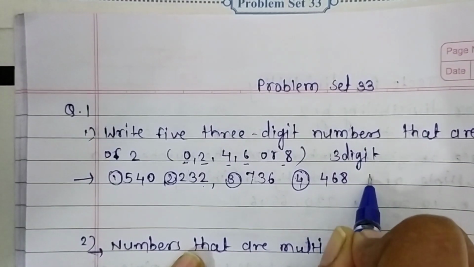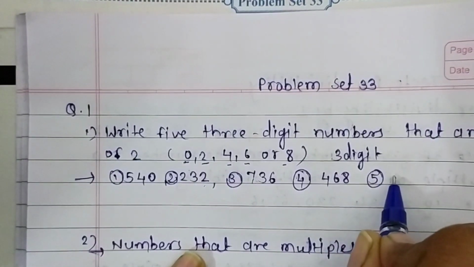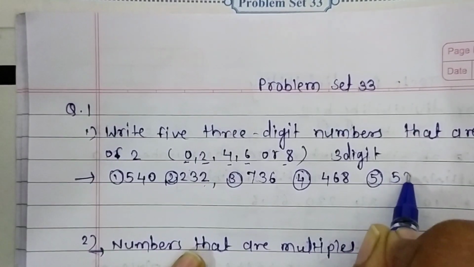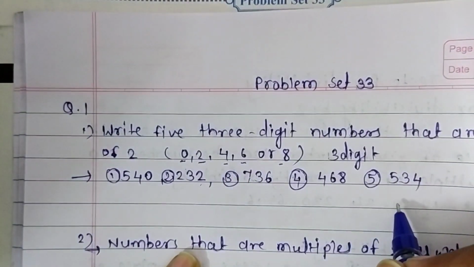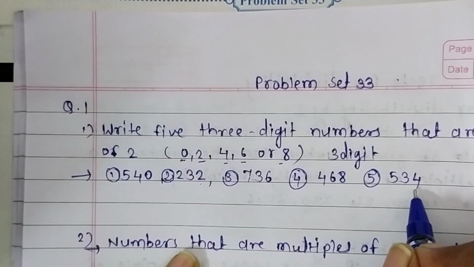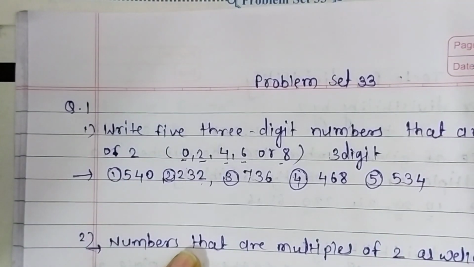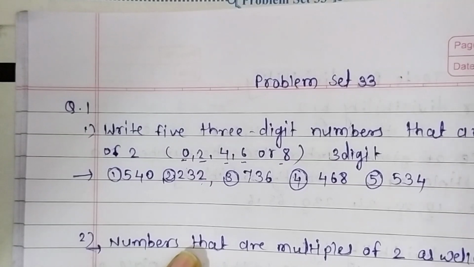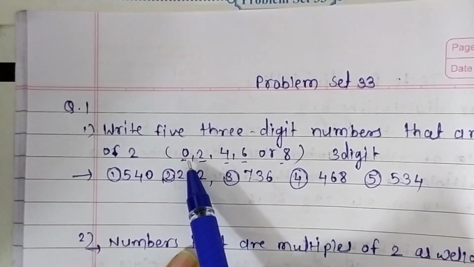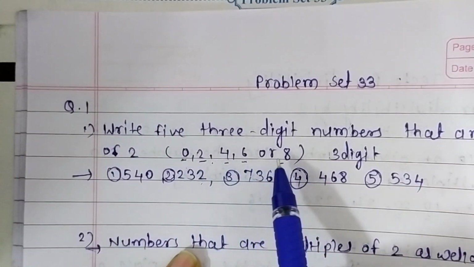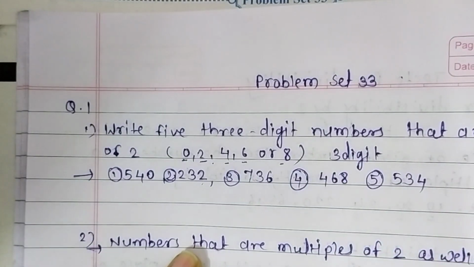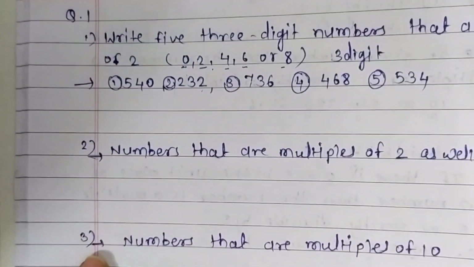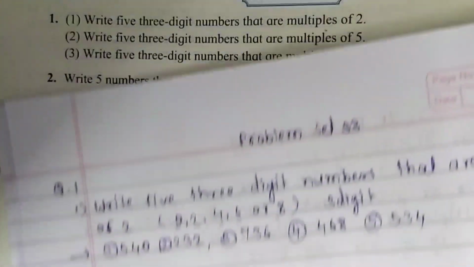Then we can take fifth number as 534. You can take the numbers at your own choice, but the condition is that the number must have 0, 2, 4, 6 or 8 in the unit place of that number.